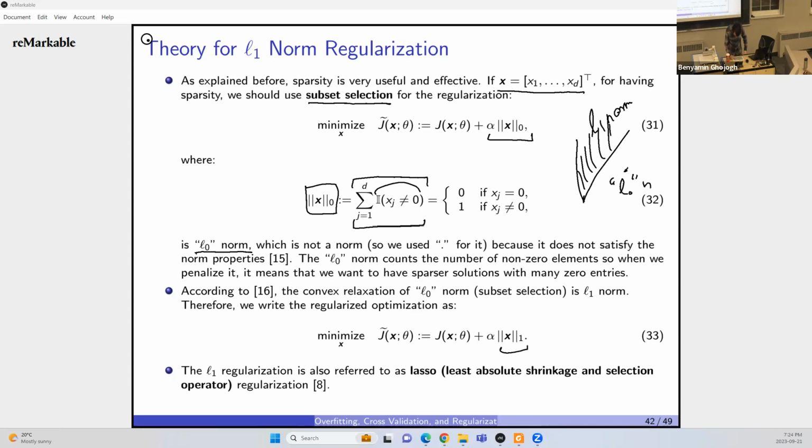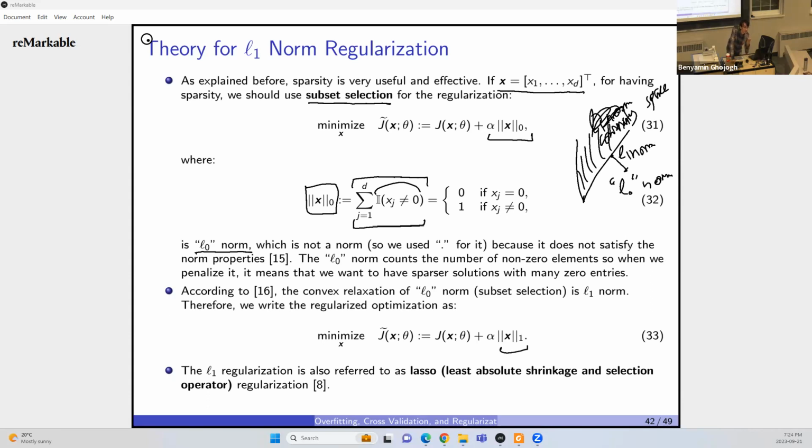L0 norm is here, outside of it. If you project L0 norm onto the L1 norm cone, onto the convexity space, sorry, the closest point in the convexity space to L0 norm is the L1 norm. You cannot find any norm closer to L0 norm.